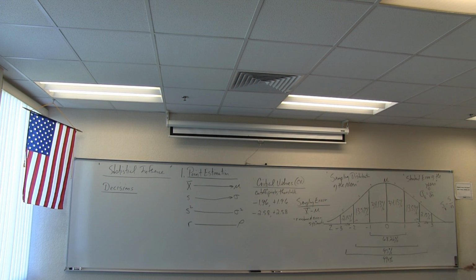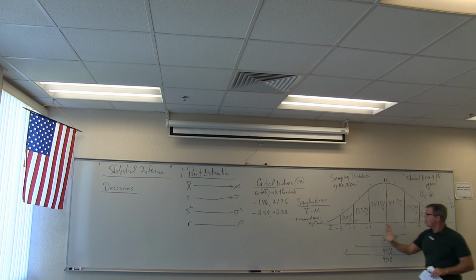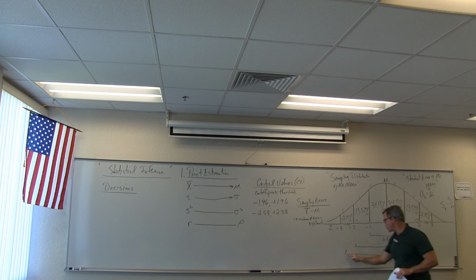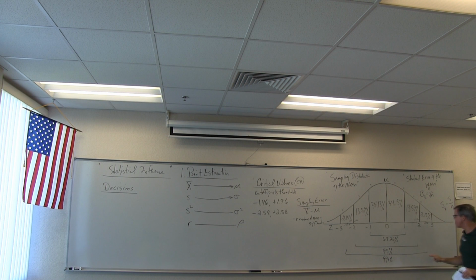The 2.58s are the cutoff points which constitute about 99% of the area under the sampling distribution of the mean. Again, let me repeat that. The 2.58s are the cutoff points which constitute about 99% of the area under the sampling distribution of the mean.